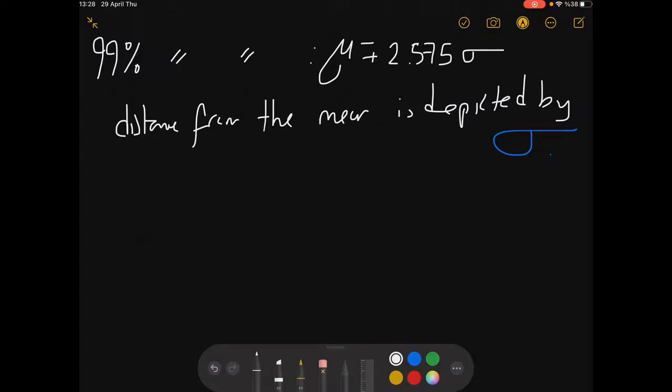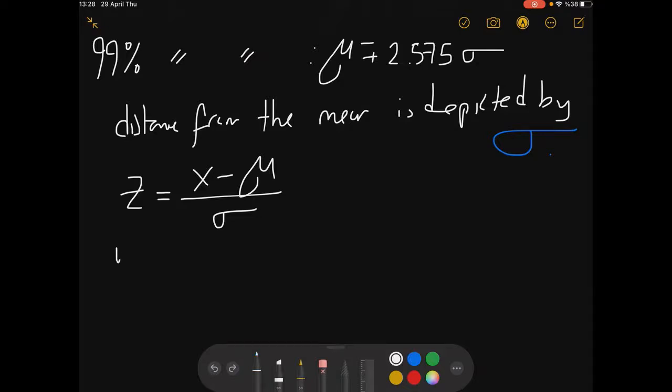z is about where your position is located with respect to mu, the center of the population. This is where you are located here, and z is where you are positioned.